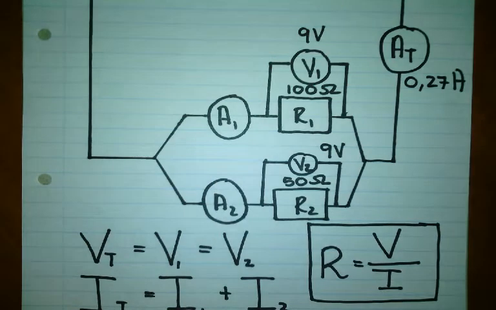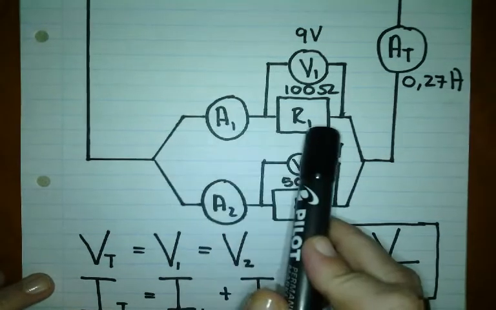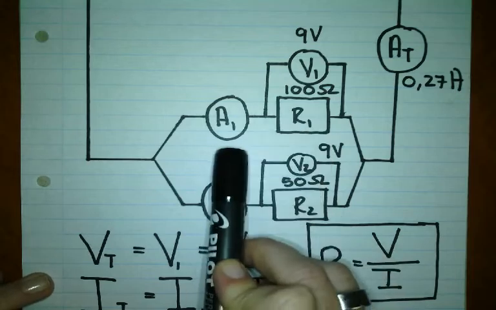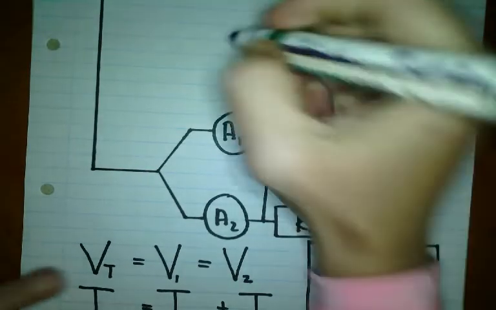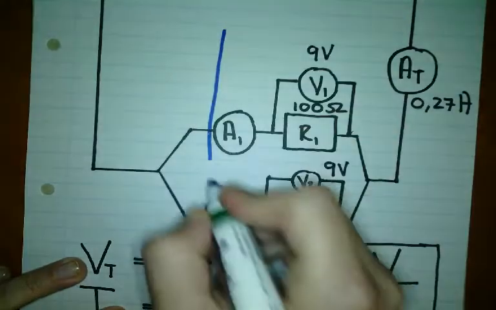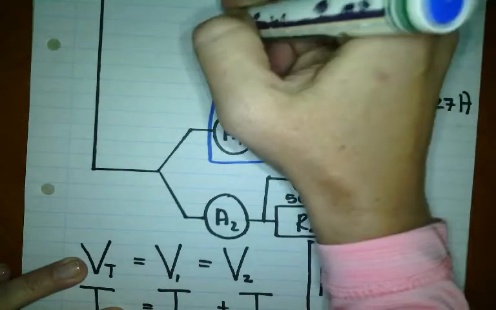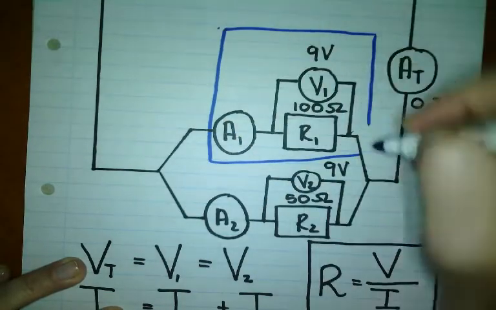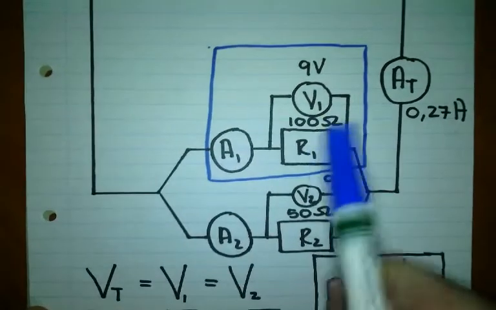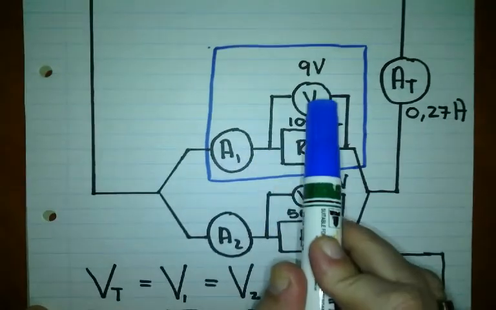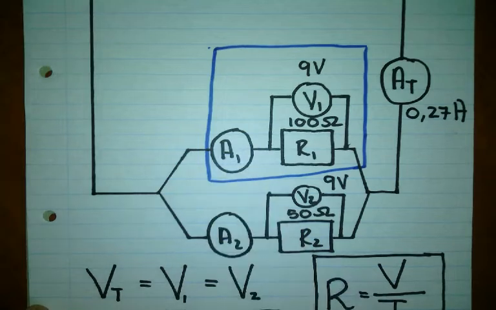So the first current we're going to do is the current through resistor 1. So we're going to calculate A1. Now, just like with series circuits, I isolate the part of the circuit that I'm working with, and I am just going to work with R1, V1, and then calculate A1.